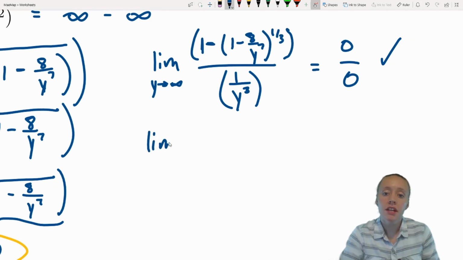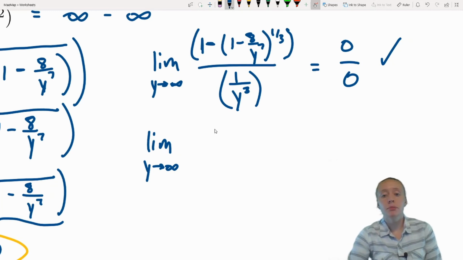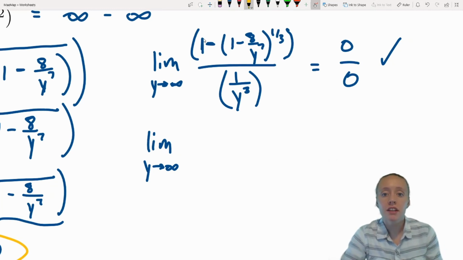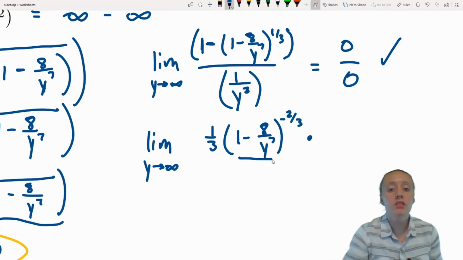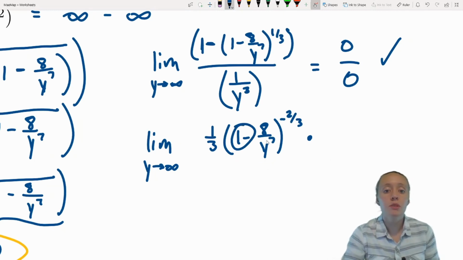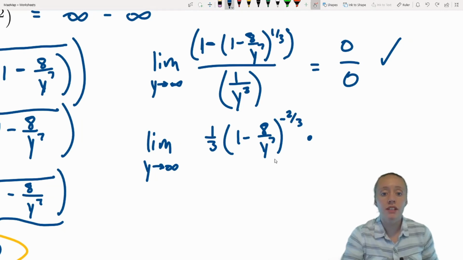So I'm going to get the limit as y approaches infinity of the derivative of my numerator. Well, for me, this 1 goes to 0, but then I'm going to have to do a little bit of chain rule. So I'm going to bring my 1/3 down in front. That'll get multiplied by 1 minus 8 over y to the 7th, all raised to the negative 2/3 when I decrease that exponent, but then I have to multiply by the derivative of the inside, which this 1 goes towards 0, so the derivative of negative 8 over y to the 7th.